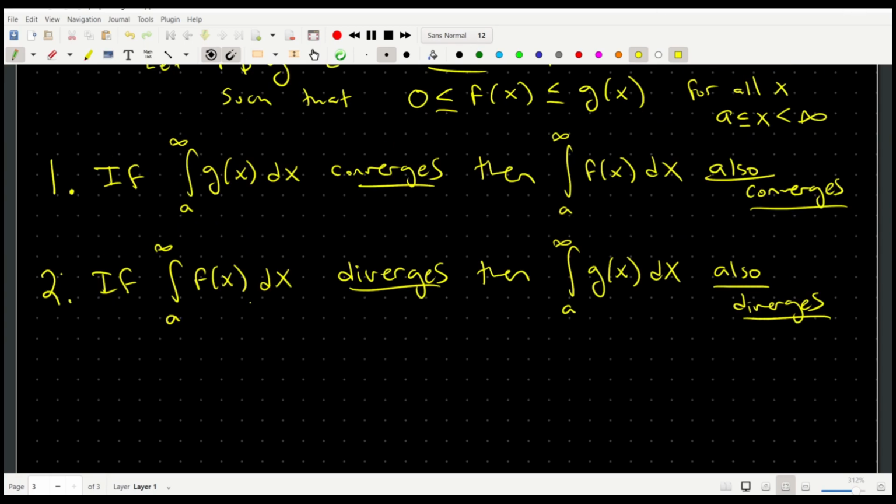The second statement is saying that if we have a complicated function g of x, maybe, that we don't want to calculate the direct improper integral of, if we can find a simpler function that's always bounding g of x below, we call this f of x here, that has a divergent improper integral, then the improper integral of g of x must also diverge.